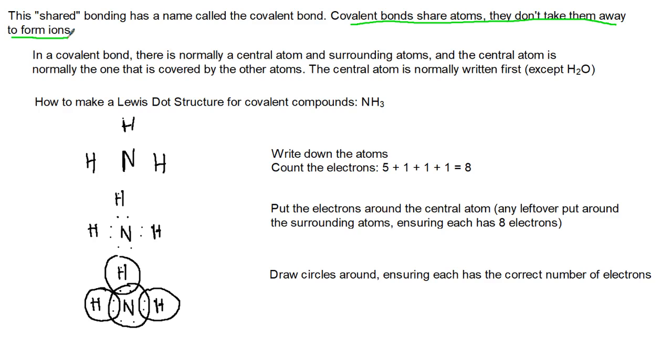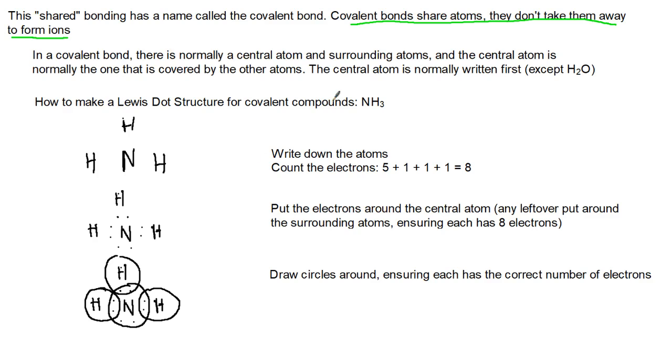They're not like ionic bonds, where they're attracted because of their opposite charges, right? There's normally a central atom and surrounding atoms in these covalent bonds, and the central atom is normally the one that is surrounded by the other atoms, because it's in the center.